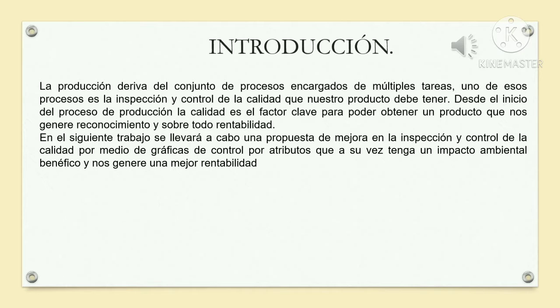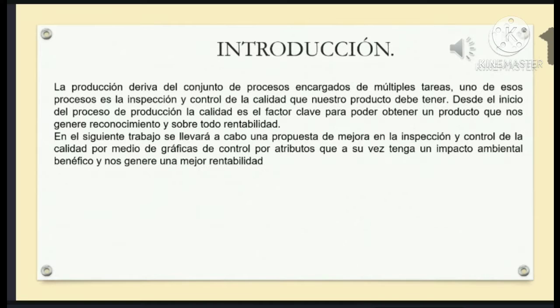Introduction. Production derives from the set of processes responsible for multiple tasks. One of those processes is the inspection and quality control that our product must have. From the beginning of the production process, quality is the key factor in obtaining a product that generates recognition above having profitability.